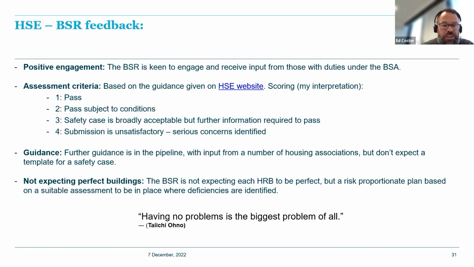The HSE, the BSR, is not expecting all our HRBs to be perfect, but where we have deficiencies, we need to demonstrate that we've got a risk proportionate plan in place. So we're not going to resolve everything overnight. We know, for instance, the external wall cladding issues, they've taken a number of years to resolve.